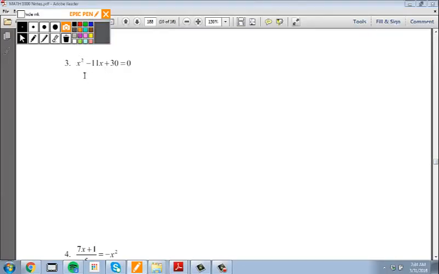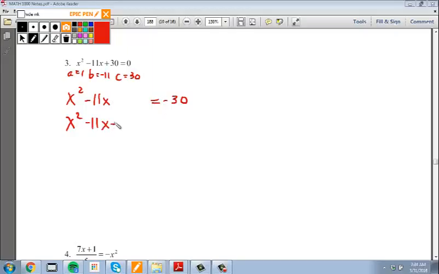Alright, so what we're going to do in problem 2, same thing. A is 1, B is negative 11, C is 30. Then I am going to subtract the 30. And then if you remember my next step, it was to add 1/2 B over A squared to each side.